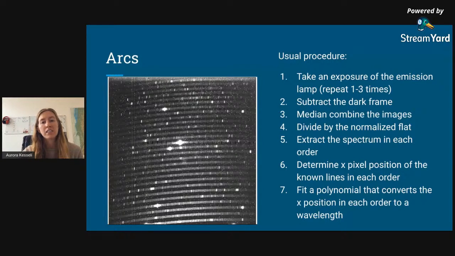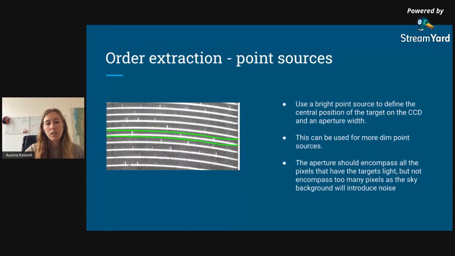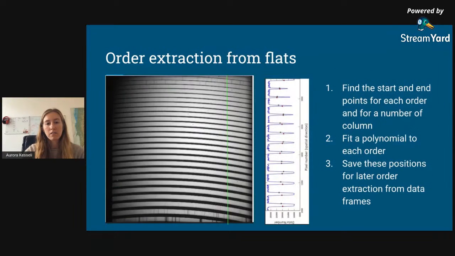And so you take this spectrum 1 to 3 times, and then you do the same pre-processing steps where you subtract the dark frame, you then divide by the normalized flat field, and you median combine all of your arcs together. And then again, you use the same flat polynomial.